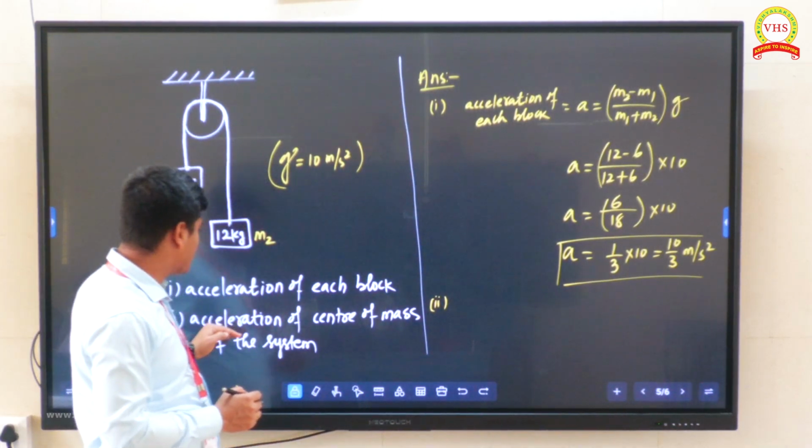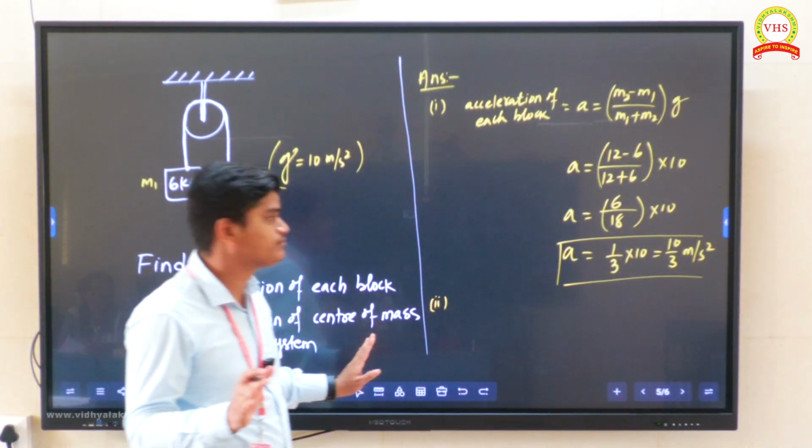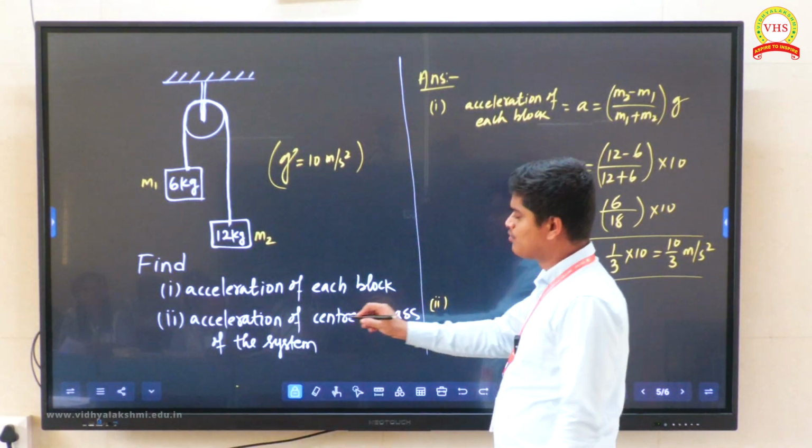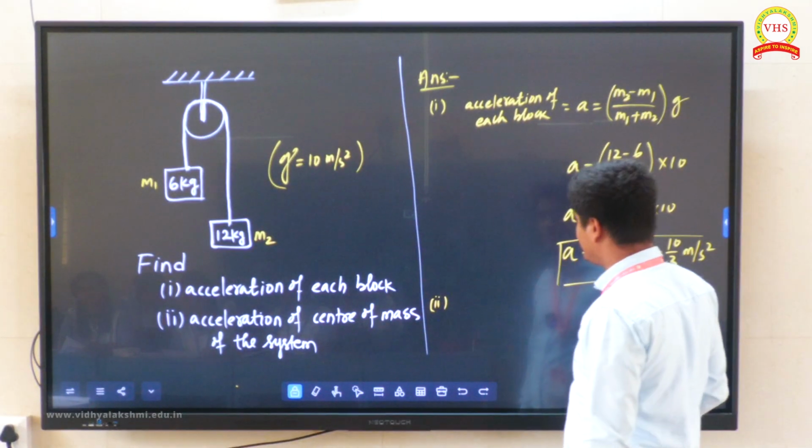Now they are asking next the acceleration of center of mass of the system. So center of mass also you can calculate. What is the formula? We derived it already, right?